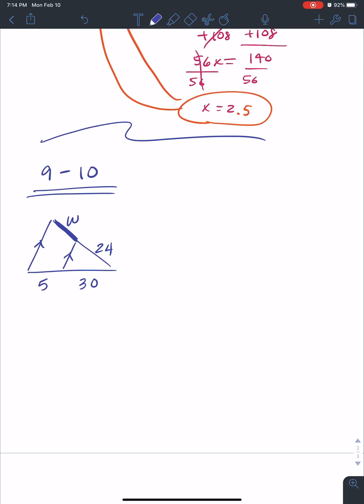Here's the other type of problem. Same triangle with the arrows, but look at what I'm solving for now. Instead of one of the sides, I'm solving for one of the parallel sides instead of one of those pieces, okay?